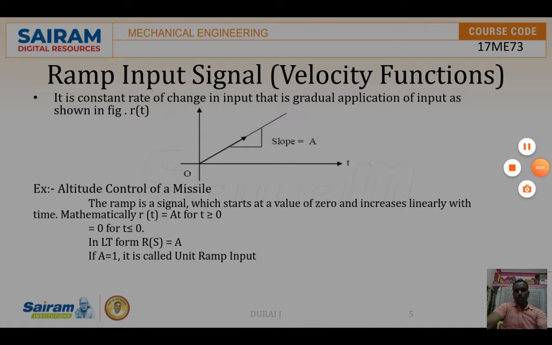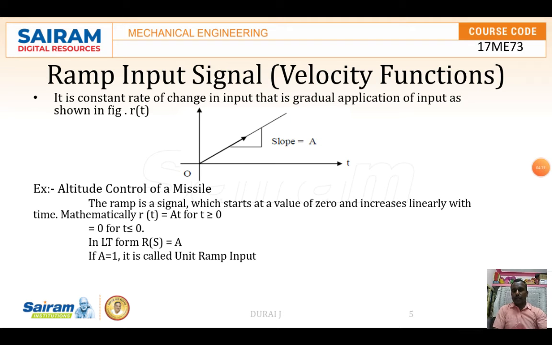The ramp input is the standard input signal which changes with time linearly, and it is also known as velocity input. Previously we discussed that the step input is the position input, and this one is the velocity input.